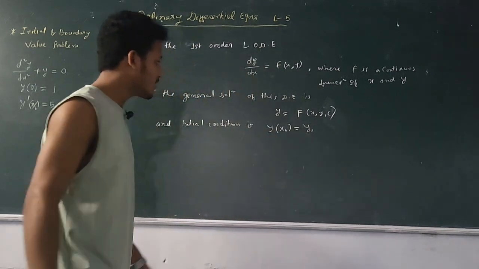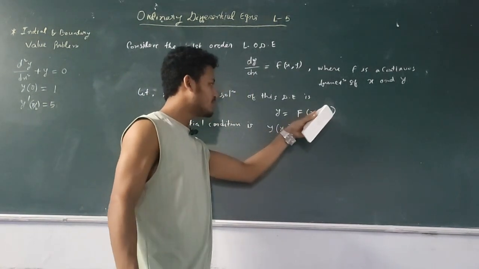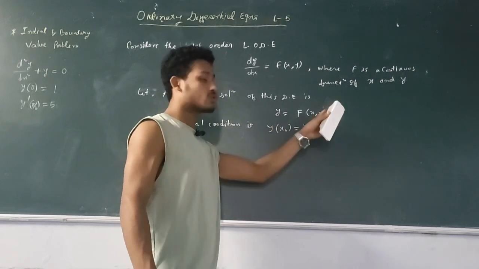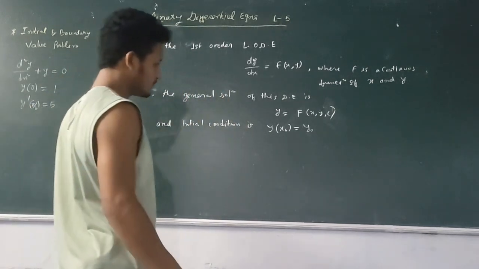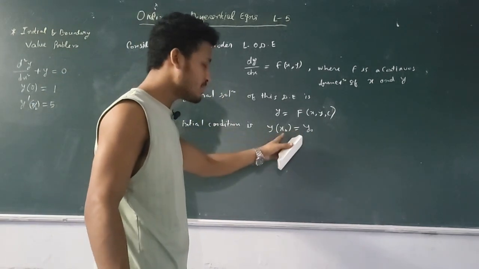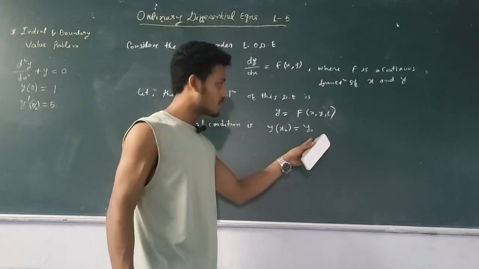That means at x is equal to x naught, when you put x is equal to x naught, you will get y is equal to y naught. So this is an initial condition. That means at x is equal to x naught, y is equal to y naught.